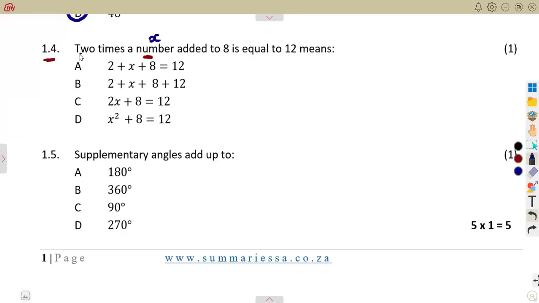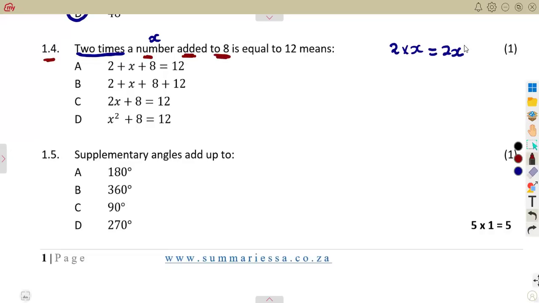So they are saying 2 times here, and 2 times is to multiply. So that is 2 times a number. 2 times a number gives us what? 2x. Okay? Added to 8. So this 2 times a number, 2x, is added now to 8.